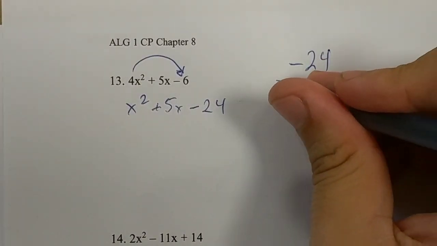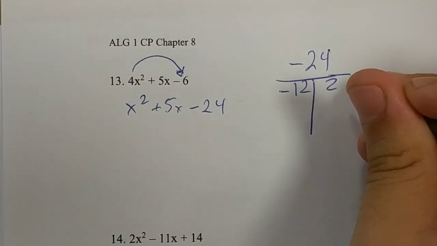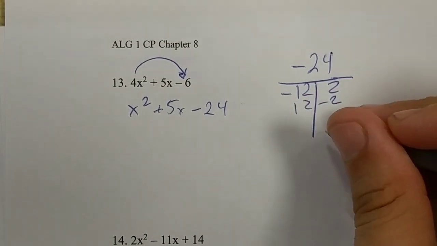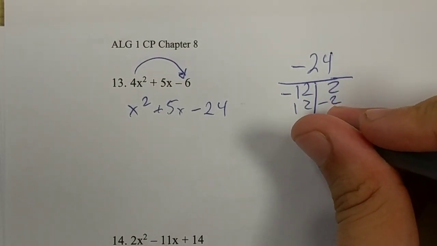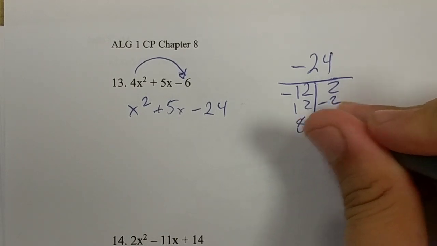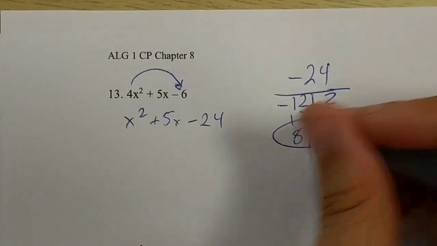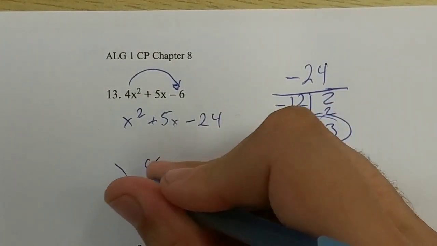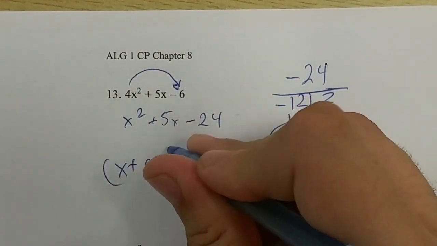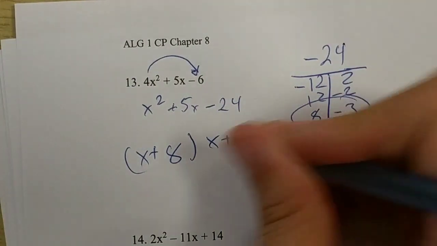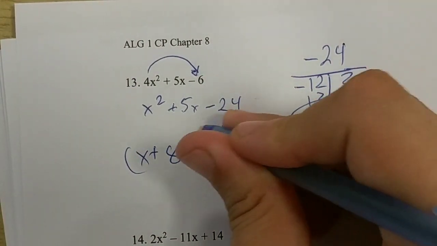Negative 12 and 2, no, that doesn't work. 12 and negative 2, no, that doesn't work. 8 and negative 3, hey, that one works. So we got x plus 8 and x minus 3, my fault, minus 3.